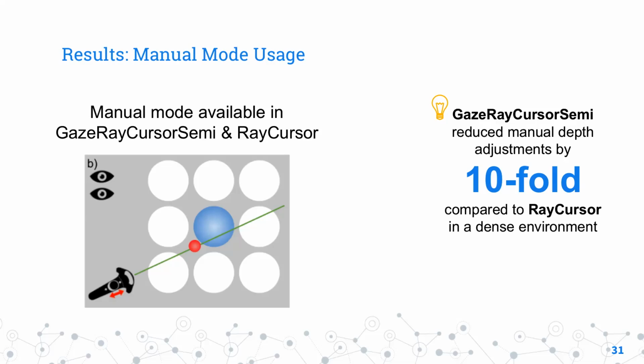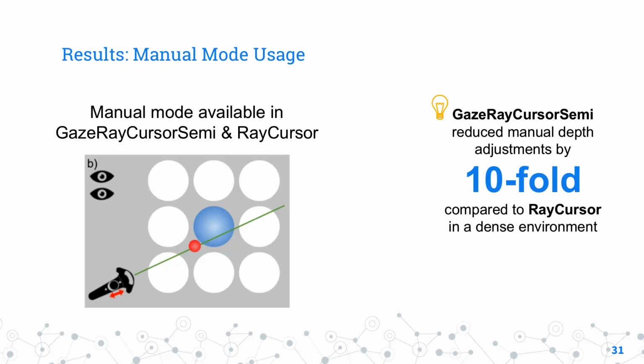We were also interested in seeing how often participants would use the menu mode to disambiguate between objects. And we found that on average, GazeRayCursor Semi reduced menu depth adjustments by about tenfold compared to RayCursor. But to be fair, the high menu mode trigger rate for RayCursor was to be expected since targets behind the first layer were heavily occluded and RayCursor's default raycasting behavior highlighted the closest object to the participant.